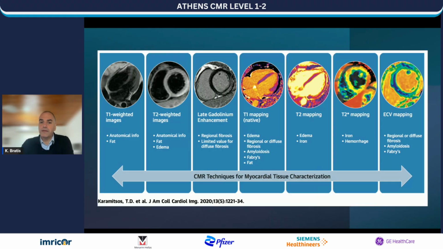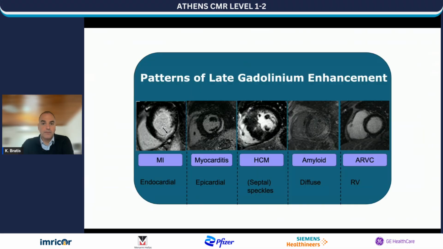With the use of a wide range of sequences, but for the purposes of depicting fibrosis, focusing on the traditional late gadolinium enhancement sequence, which can offer images of different patterns of enhancement of the scar tissue.